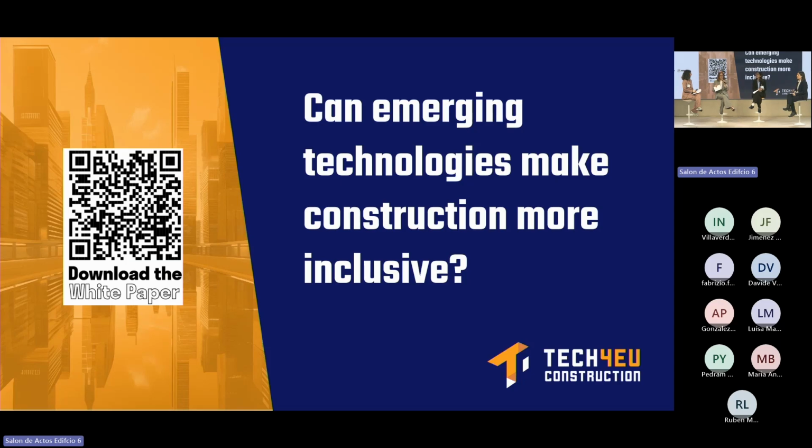But I think what we are lacking is a shared understanding of what it really means in practice to develop a new technology that is inclusive, and also how we evaluate whether it's inclusive enough. And we've seen this in our projects.